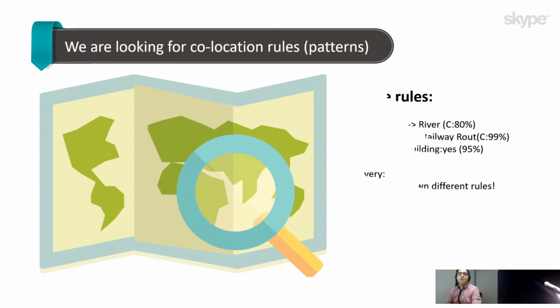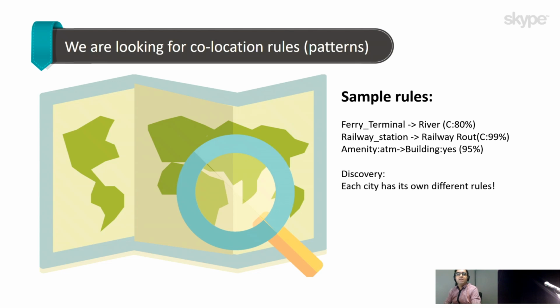Let me dig into how our system actually works on the backside. Let's take a look at the binary coexistence relationship between two objects, for example, a ferry terminal and the river. The C here represents the confidence of the rule.